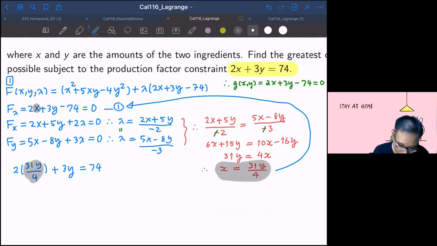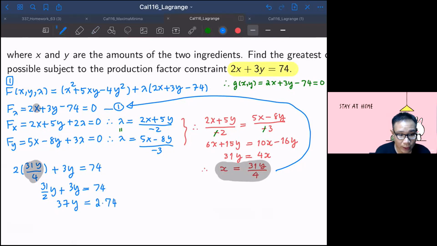You just have 31 over 2 y plus 3y equal to 74. So here you're gonna have 37y equal to 2 times 74, and you can get rid of 37, so y equal to 4.